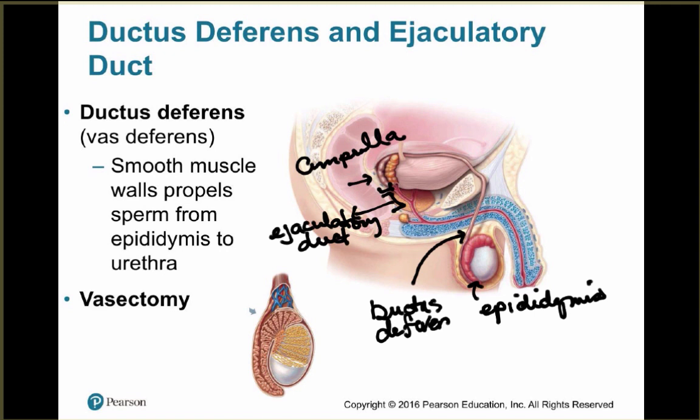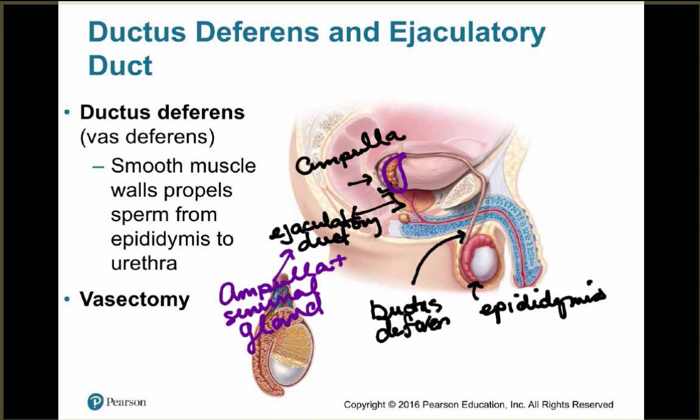Now, if you notice, get a different color here. There's this one that's right here. Basically, the ejaculatory duct is the ampulla plus the seminal gland. And we're going to talk about what the seminal gland does in a second. So they come together to make this ejaculatory duct.